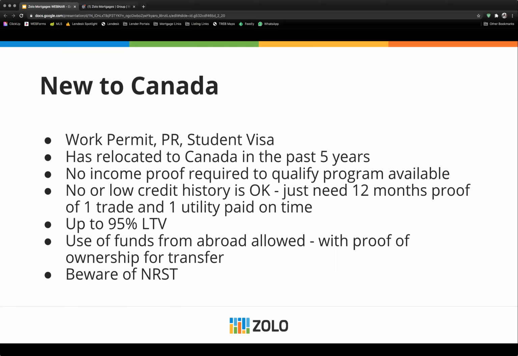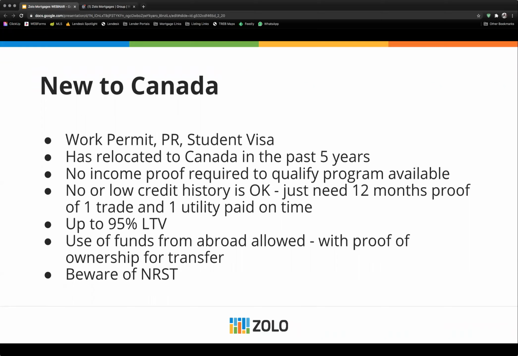For clients who have recently relocated to Canada, so the limit is 5 years, this program is great. We have a program from a lender that requires no income proof to qualify. All they have to show is 12 months of accumulated funds for principal, interest, taxes, and heat.